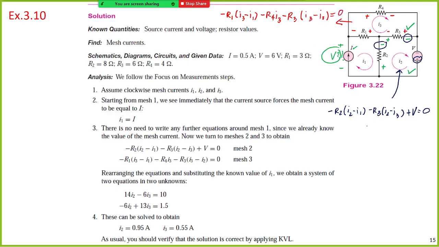Okay, so this equation is similar to this equation, and we have this equation here.